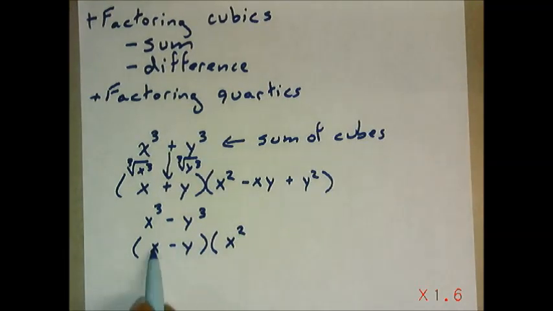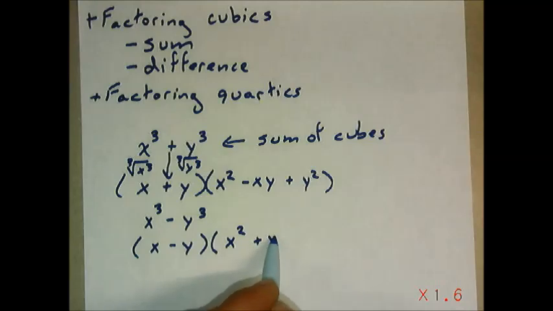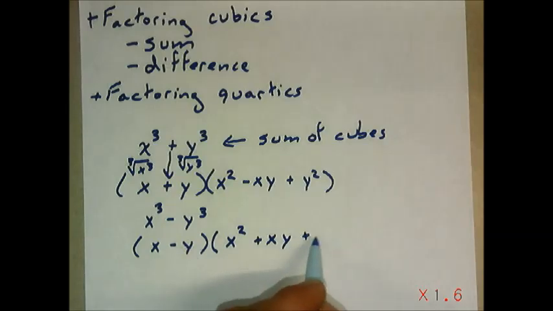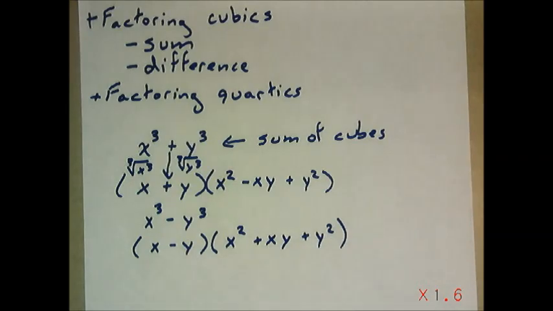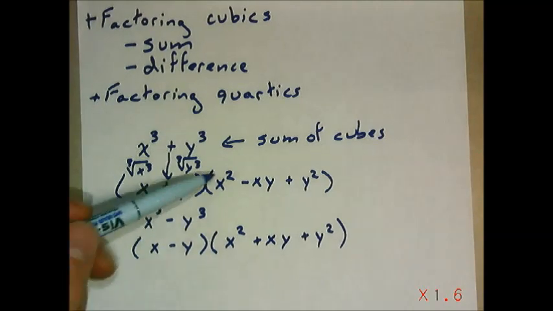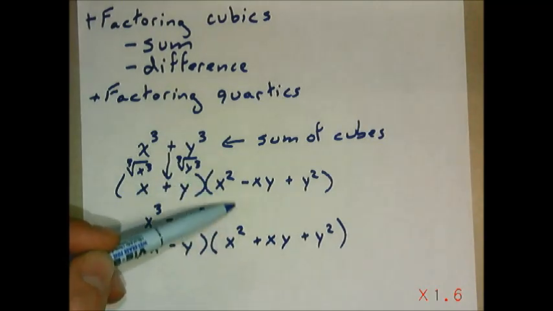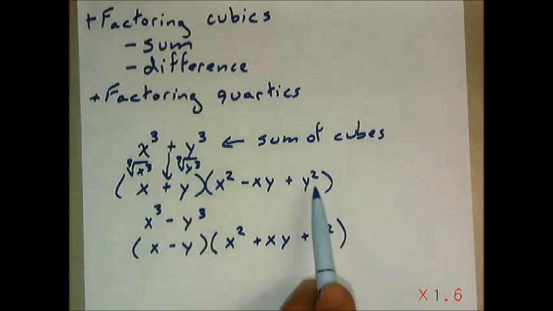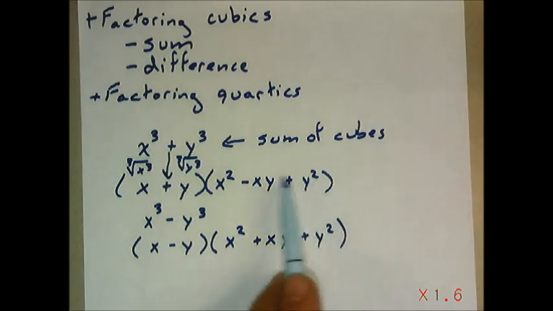I'm going to multiply the two together and change the sign, so plus xy, and multiply the last one to itself. Notice I get negative y times negative y, which is a positive y squared. In both of these cases, this trinomial will not factor anymore, because we cannot multiply to get a positive y squared and to get a negative 1, here, a positive y squared to get a positive 1.